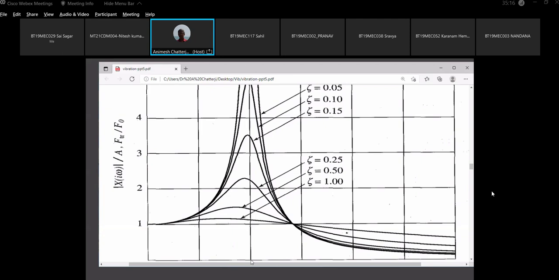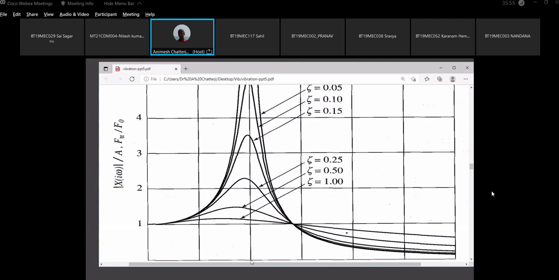So we have to stop somewhere. Now there is no mathematical value where we should stop. It depends on the machine supplier guideline. Every machine supplier specifies the maximum vibration amplitude. Every machine, if it is a turbine, if it is a pump, they specify a particular vibration amplitude. We cannot cross it. We have to stop. So whatever transmissibility we get, we have to stop at that particular frequency ratio.